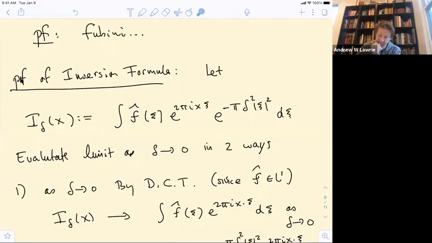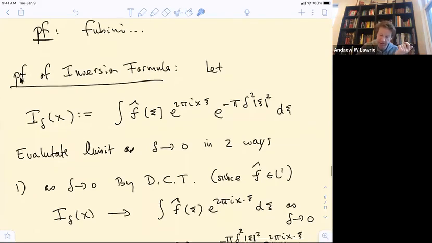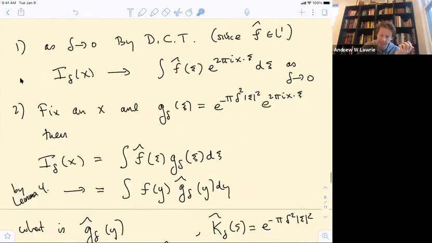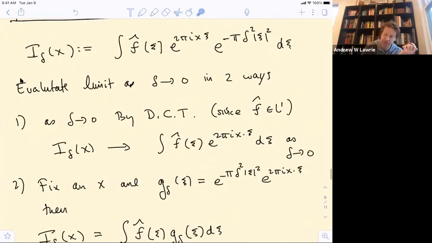So what's missing then? The place where we use the fact that f hat is in L1, which is like using the absolute summability of the Fourier coefficients, is in step 1, when we're saying that I delta tends to this object.